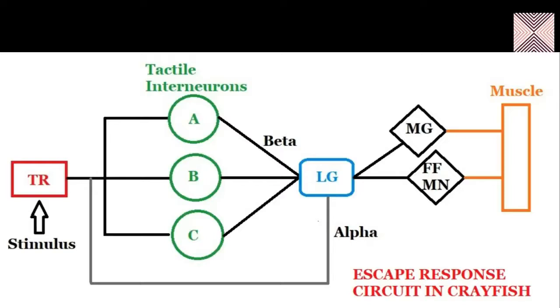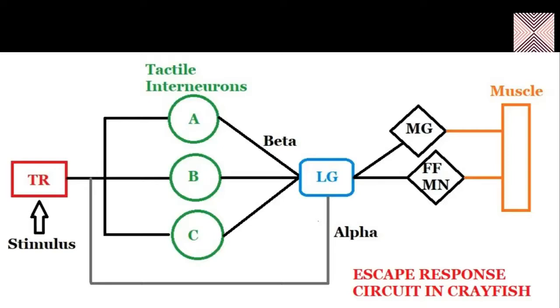So the lateral giant fiber, or the LG, is giving stimulus to two different moieties. Now the first moiety is the giant motor neuron itself. So it can activate the giant motor neuron, and that motor neuron can activate the muscles of the body to flex the body parts and flee away from the place.